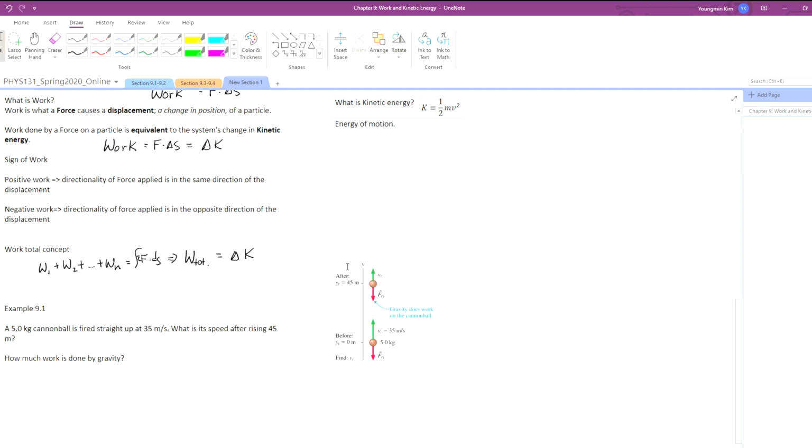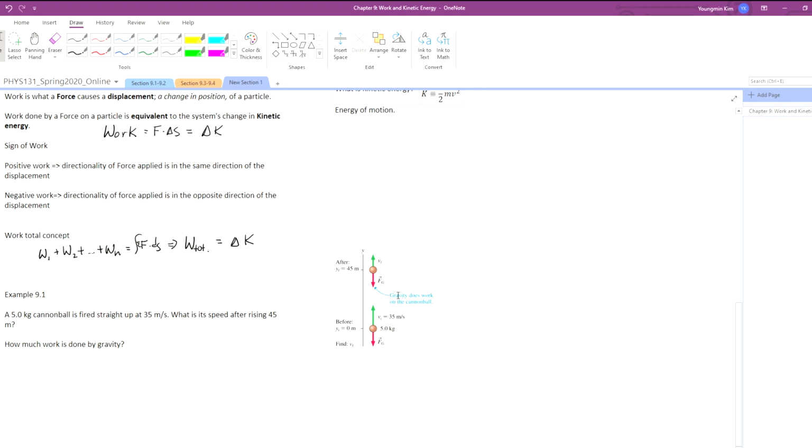Let's take a look at this example over here. Example 9.1 from your textbook. A 5 kilogram cannonball is fired straight up at 35 meters per second. What is its speed after rising 45 meters?